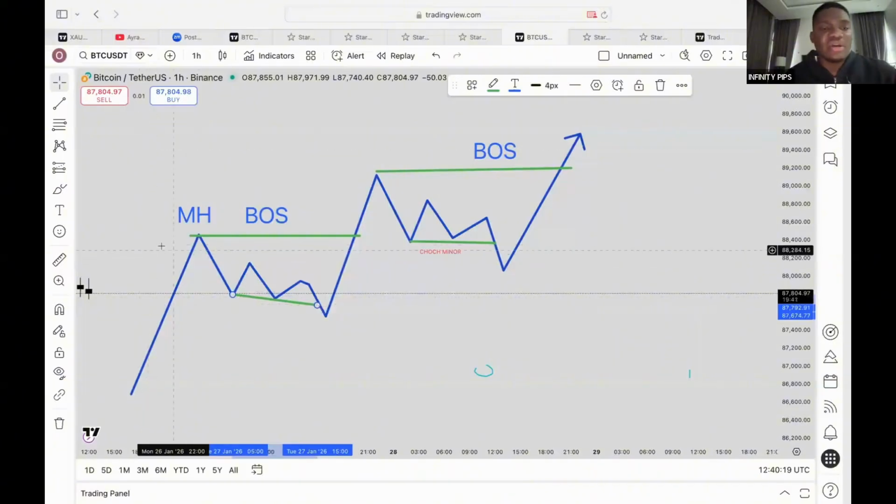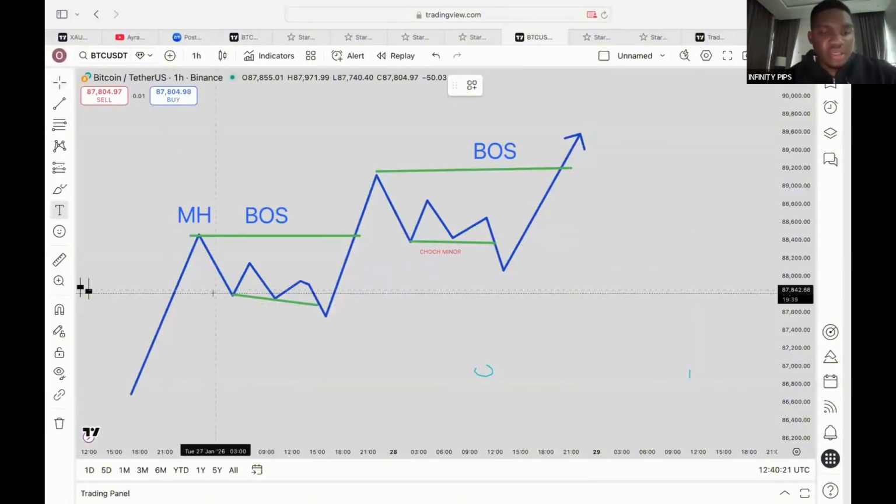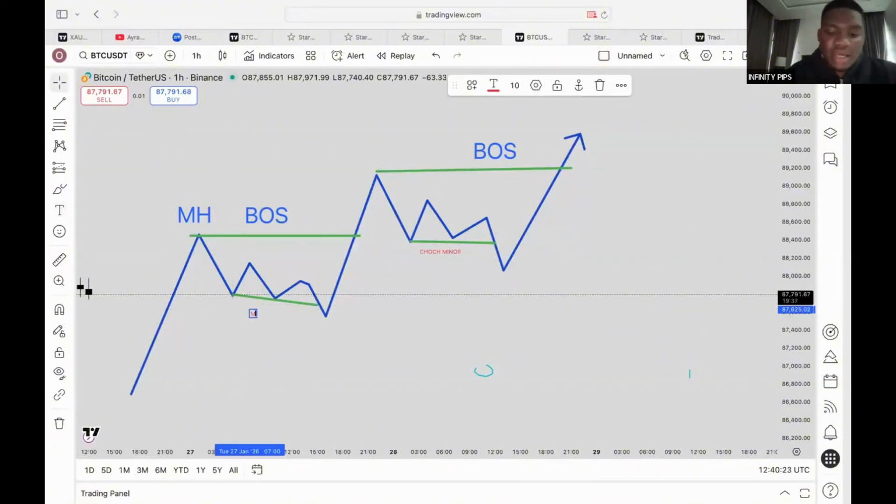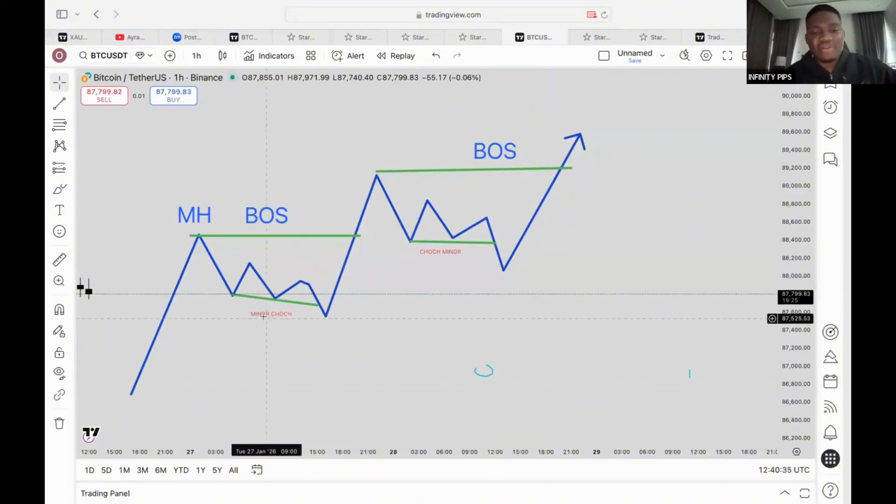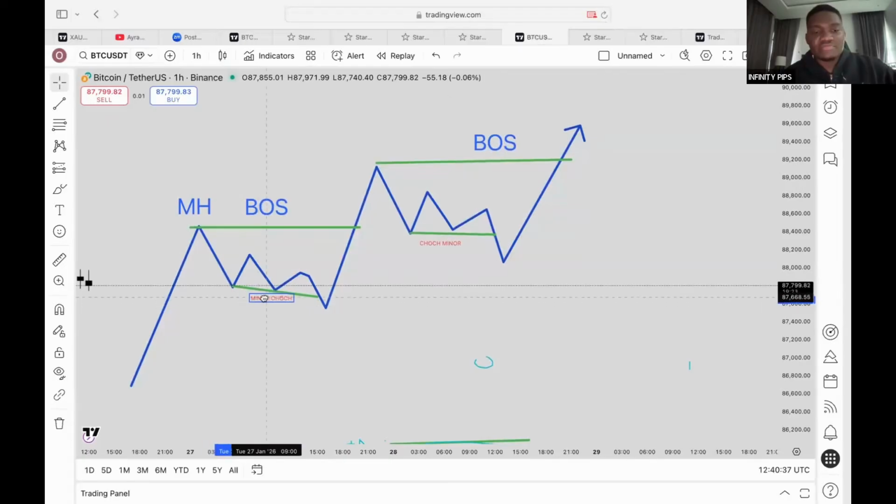So this is a small CHOCH minor. CHOCH. Good. Right. So this is a minor one, right? And the reason why it's a minor one is because apparently it did not really cause any harm or any offense.